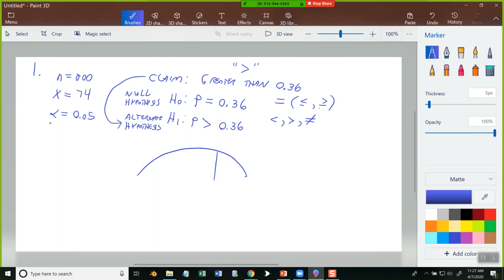Alpha is also called our level of significance. I'm going to take the entire 5%, the 0.05, and put it into our tail, because we only have one tail. Now all of it adds up to 100%, so if I put 5% in my tail, I would put 95% in my main body.